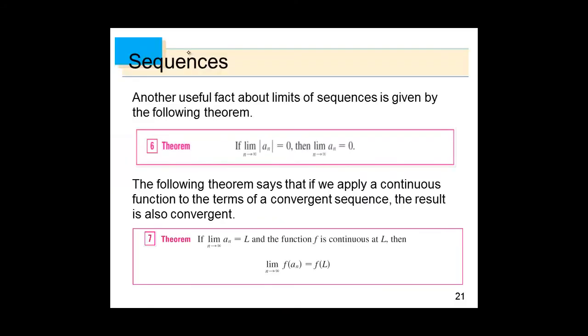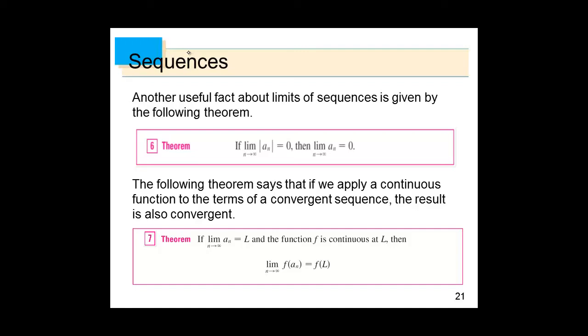Okay, that's the squeeze theorem. Theorem 6 says, suppose you have a sequence a_n, so I have a sequence a_1, a_2, a_3, a_4, and now I am getting a new sequence which is the absolute value of a_1, absolute value of a_2, absolute value of a_3.